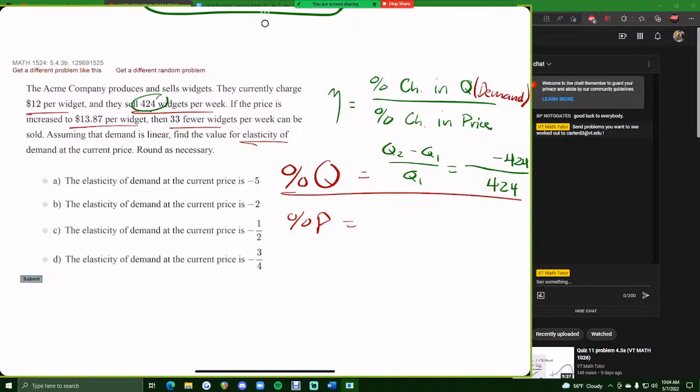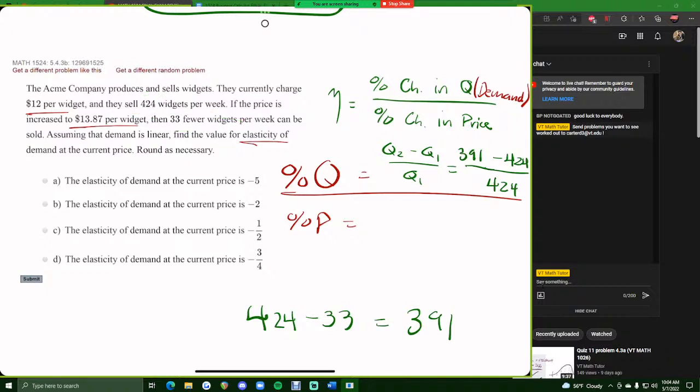Do we know anything about Q2? All they say is that we have 33 fewer widgets than the initial 424. 33 fewer would mean 424 minus 33. 424 minus 33 tells us 391 is actually our Q2.